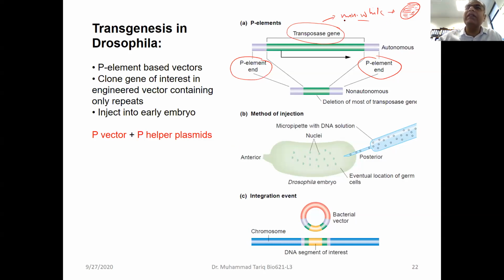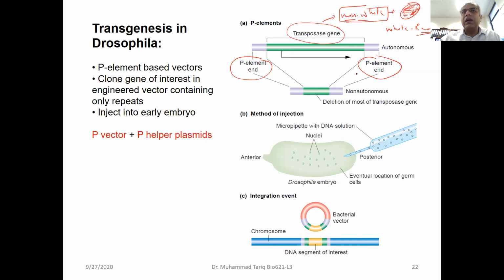We call this mini-white because it's engineered. So the white gene, which normally gives you brick red eyes, is engineered in such a way that you have a small gene which is still able to give you dark orange eye color. So you clone mini-white as well as any other gene of interest.